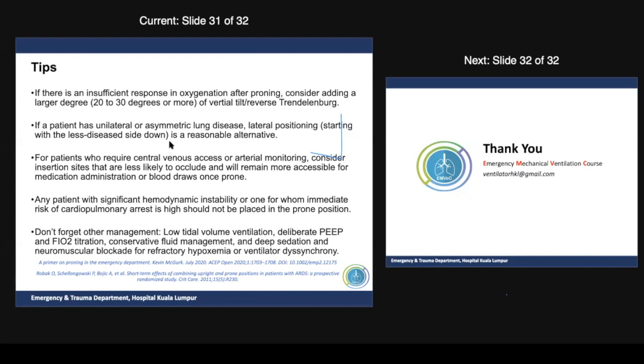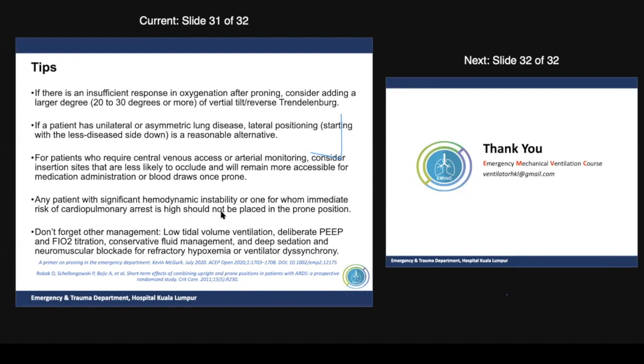Good lung down, bad lung up. Number 3, which I already mentioned, if the patient has any IV line, try not to put it at the bony prominences. For hemodynamic instability we have also mentioned it. If you feel the patient will arrest, do not prone them, let them stay supine. Also, if the patient is DNR, and you are keen to exercise at night, you can prone a DNR patient.